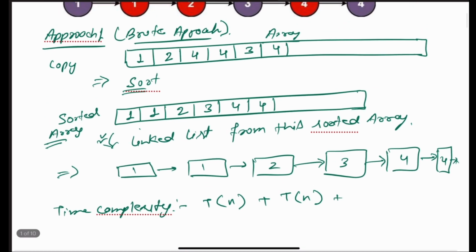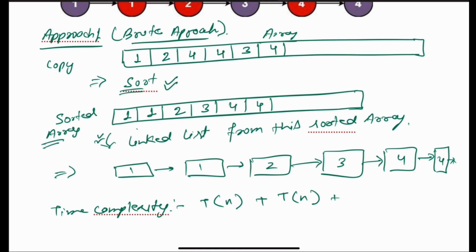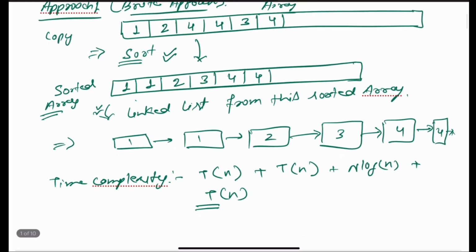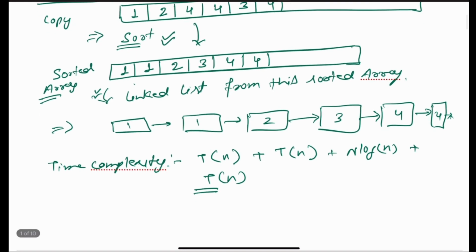And then we have to sort this array list, so that is going to take a time complexity of O of n log n. And then again, we have to convert this array list into a linked list, so that is again going to take a time complexity of order of n, right?